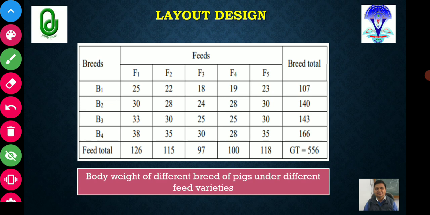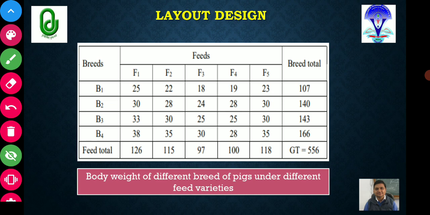So what we did, we classified the animals according to breed. Actually we initially had a group of pigs, and those pigs were heterogeneous. They had different body weights and different body physiology, depending on the specific individual.